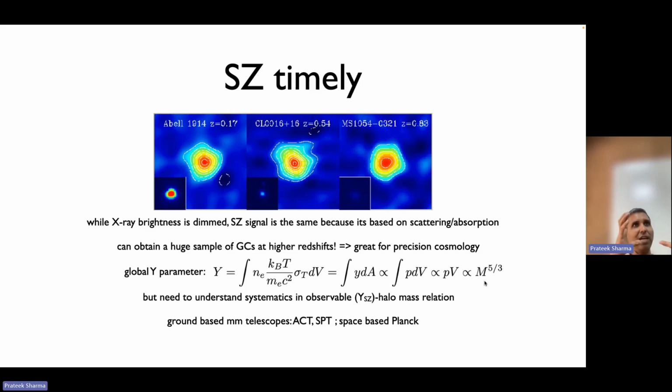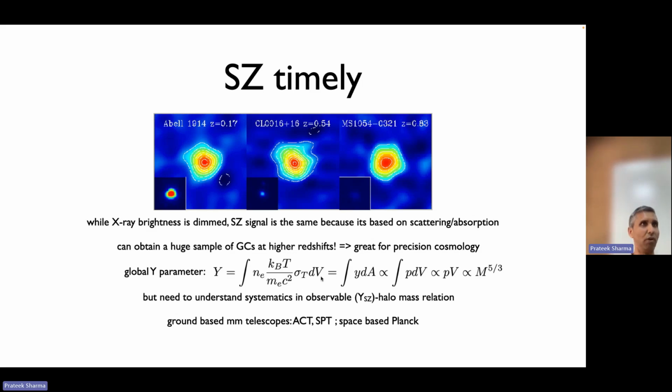The halo size goes like m to the 1/3. The virial temperature of the halo goes like m by r, which is m to the 2/3. Pressure is like n times T. n is universal, the same for all galaxy halos. But T is proportional to m to the 2/3, and volume is proportional to m. So this is proportional to m to the 5/3.